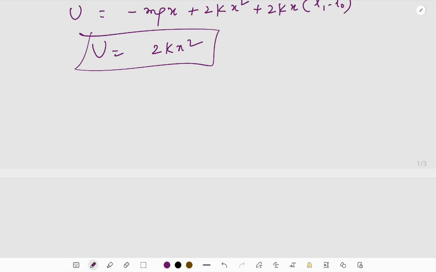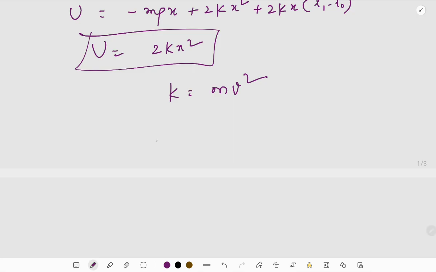So its total kinetic energy will be half mv square plus half mv square.